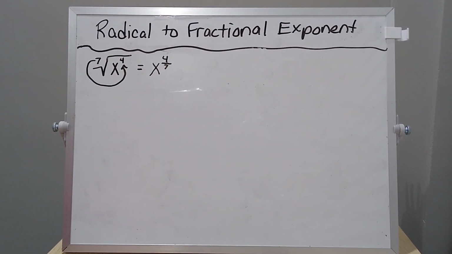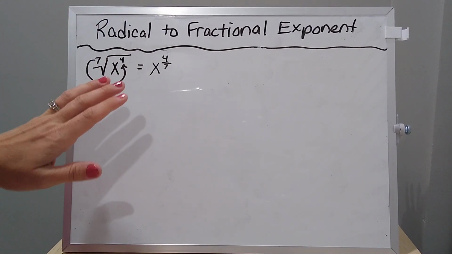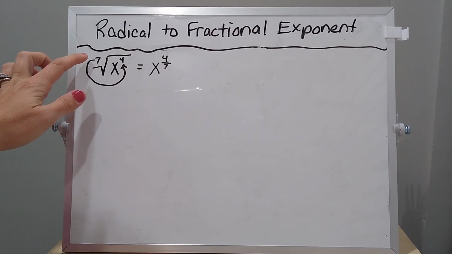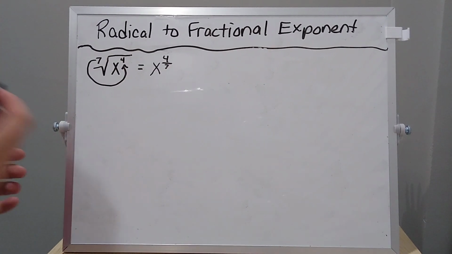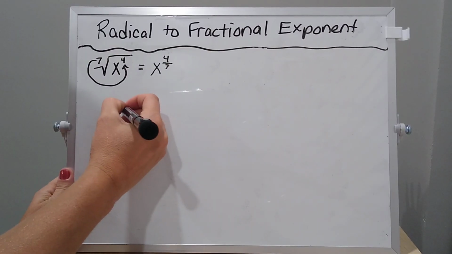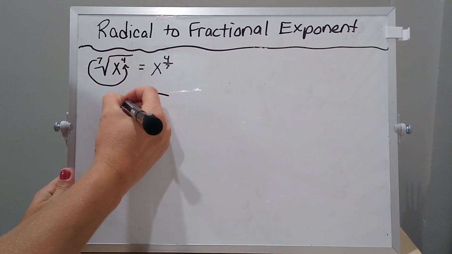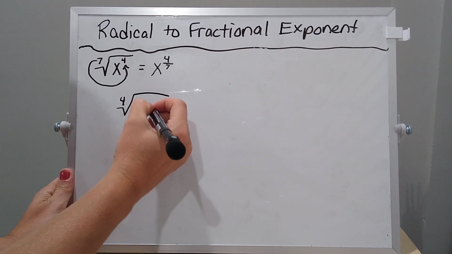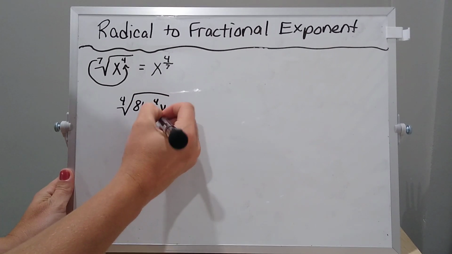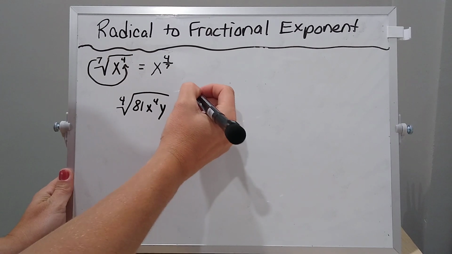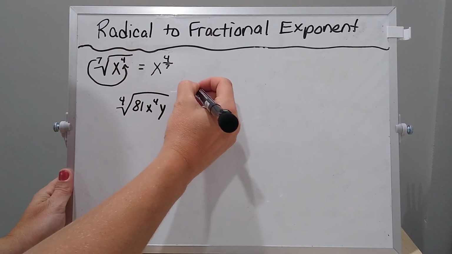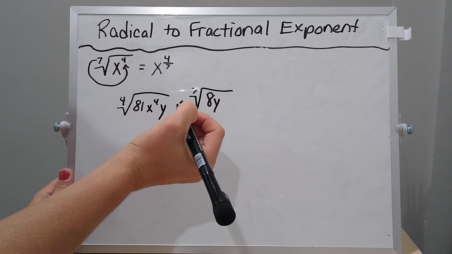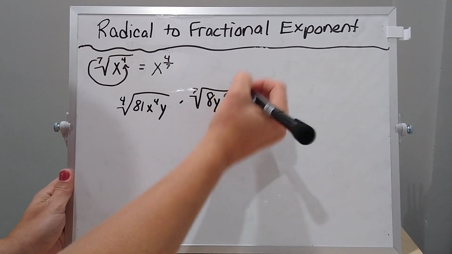You're going to need that for multiplying, because remember, in order to multiply two radicals, they have to have the same indices. Let me show you an example of that. So we've got index of 4, 81, x to the 4th, y, times, we've got an index of 7, and inside we've got 8, y to the 5th.